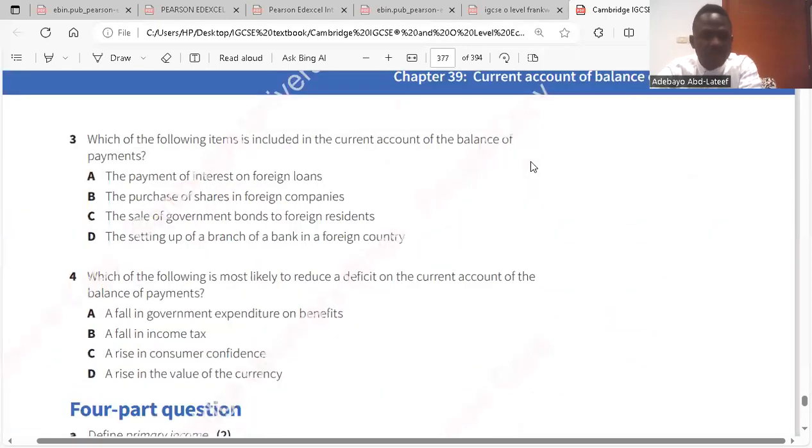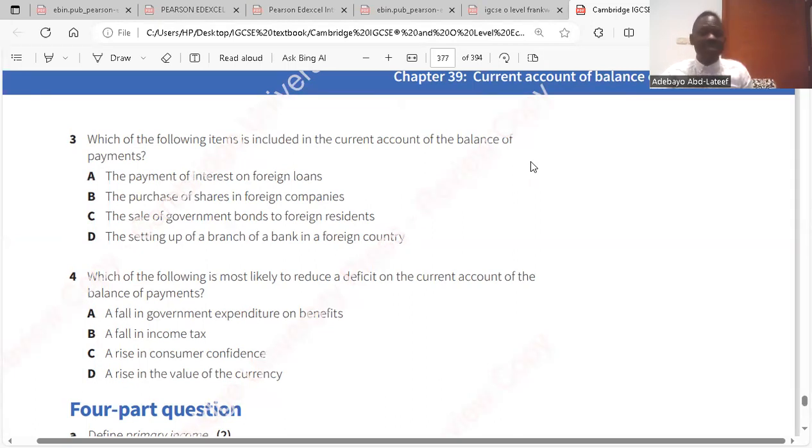Question 3. Which of the following items is included in the current account of the balance of payment? The payment of interest on foreign loans, the purchase of shares in foreign companies, the sale of government bonds to foreign residents, the setting up of a branch. What's the answer?